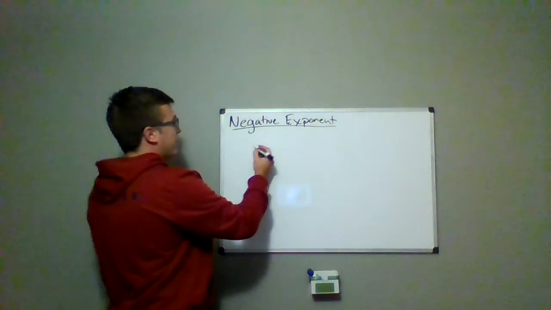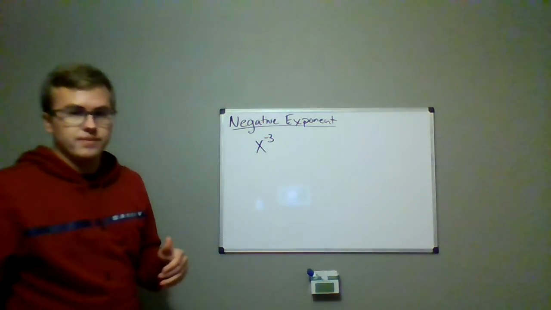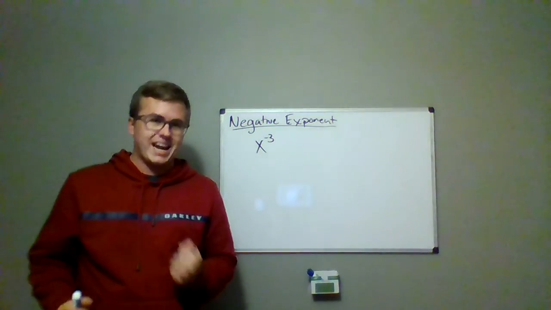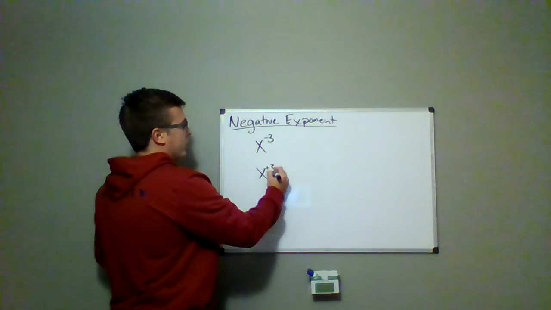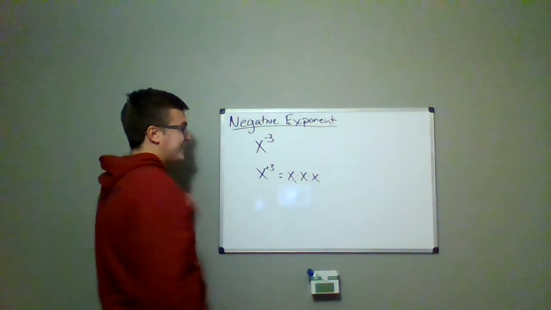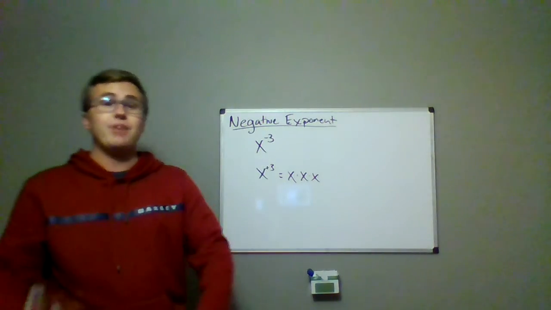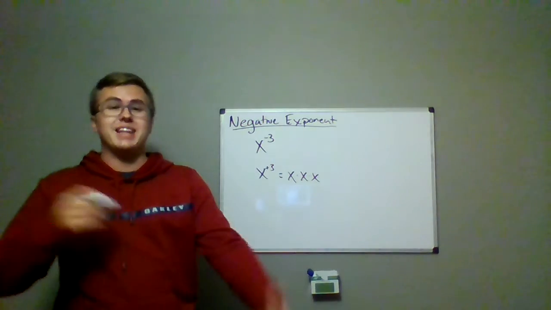For example, if I have x to the negative 3rd power, think about what exponent means. If I had x to the positive 3 power, that would mean I'm multiplying by x 3 times. If I have x to the negative 3rd power, when you see negative, you should think opposite.